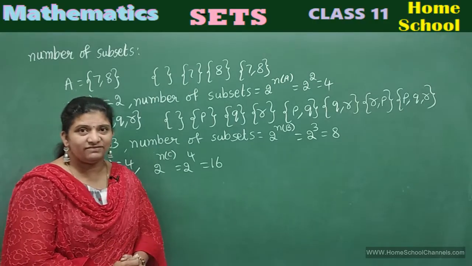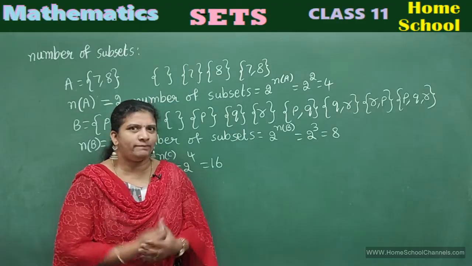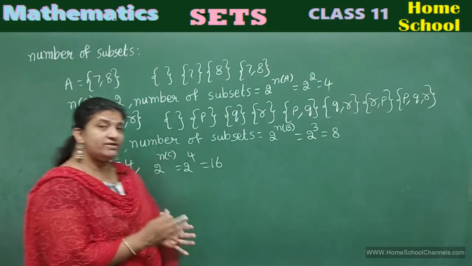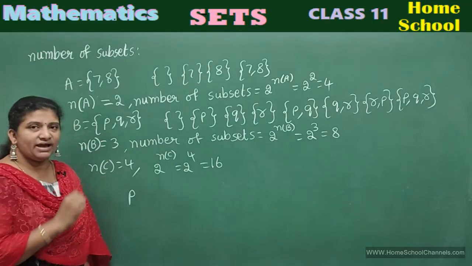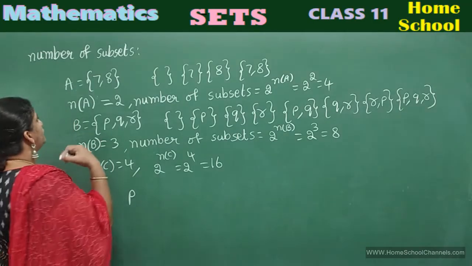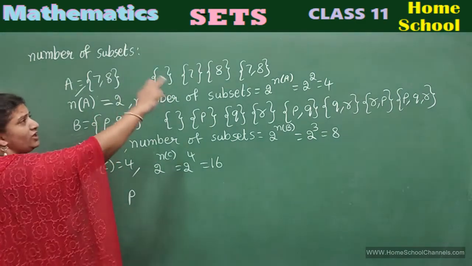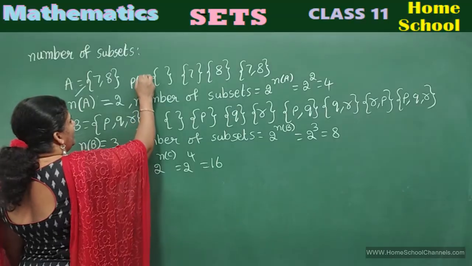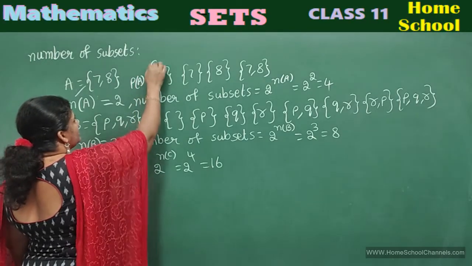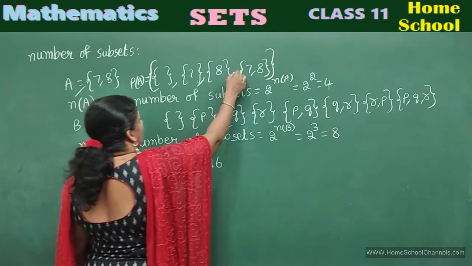Next, let us deal with the power set. What is a power set? Power set is represented by the letter P. Suppose I take this example, and you have written all the subsets. I can write P of A is equal to, again with a set and commas in between.